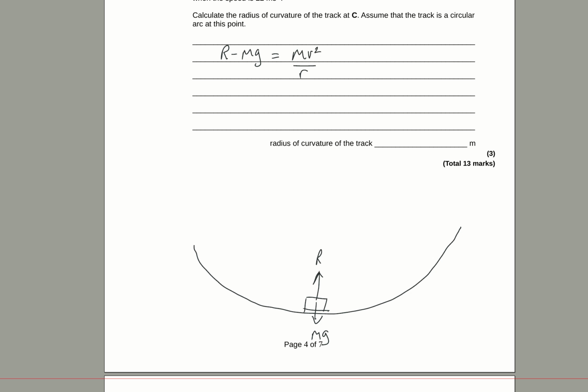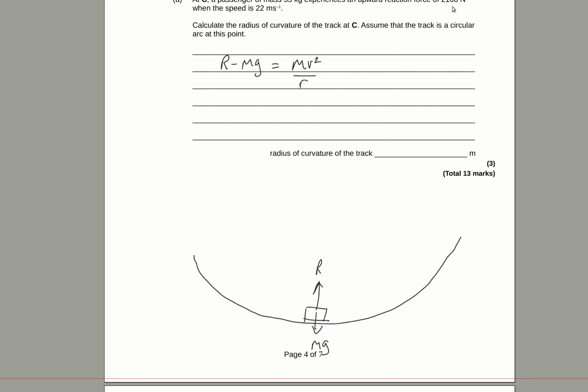And we're told that the reaction force they experience is 2,160 newtons. And we want r here. So, rearrange. r is going to be equal to mv squared over R minus mg.